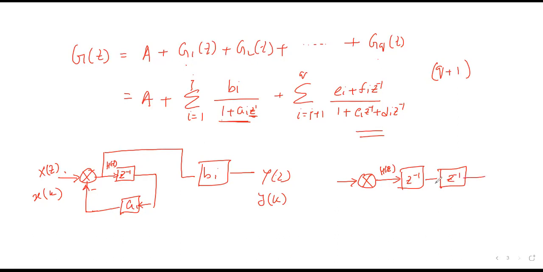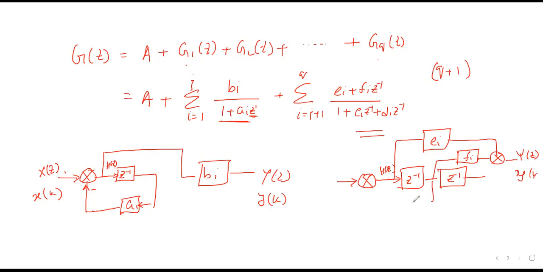So then for the output E I, so E I is multiplied E I directly, and then the other one will be just multiplied with F I, and these two will be going to form the output. So this is your Y, Z, or Y K.